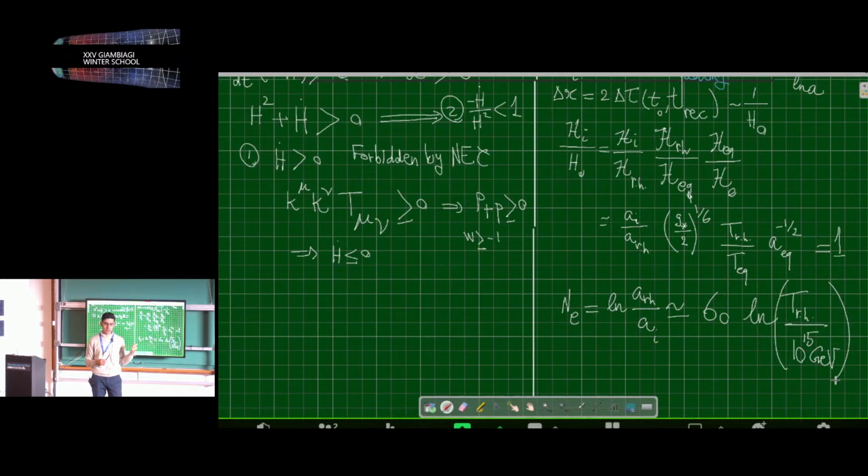G star is the number of relativistic degrees of freedom at the time of reheating. Here you see divided by 2. 2 is the number of relativistic degrees of freedom at equality. There are also neutrinos, but 2 is just the part that is in thermal equilibrium with photons. So at reheating, it will be just photons.